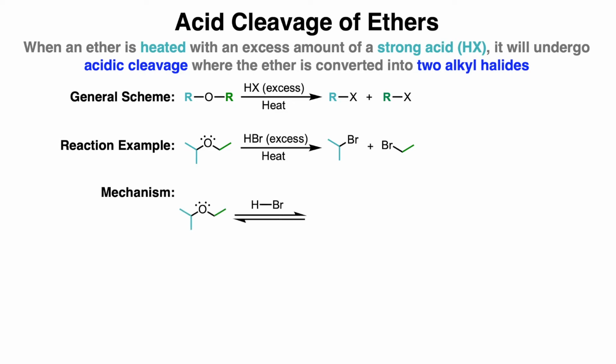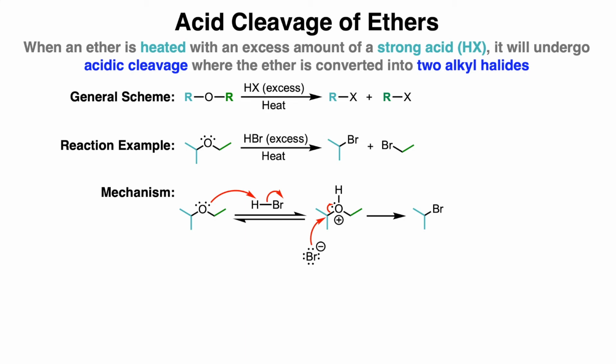The mechanism starts with one of the lone pairs on O attacking the H in HBr, and the bond forms a new lone pair on bromine. Now think of the protonated oxygen as a good leaving group. Br-, which is a strong nucleophile, attacks one of the alpha carbons and the carbon-oxygen bond breaks so the leaving group can leave.